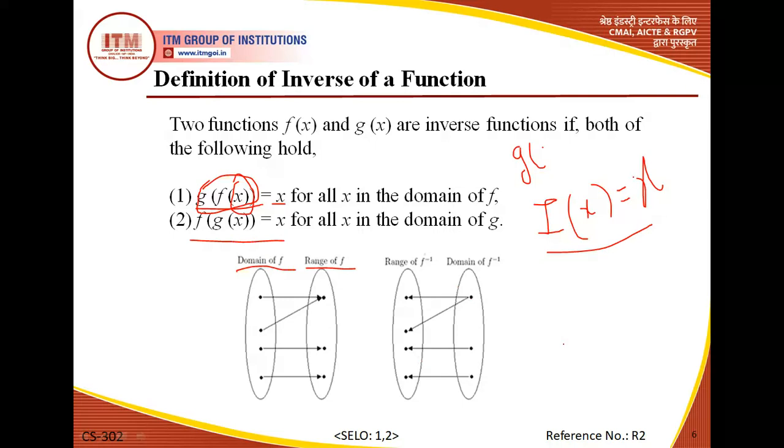Now the second point that we have to satisfy in the definition of function is that all the elements in the domain set should have only one image. That should be unique. But here this element has two images. See, this element has two images, so that cannot be the case. So this is not a function.